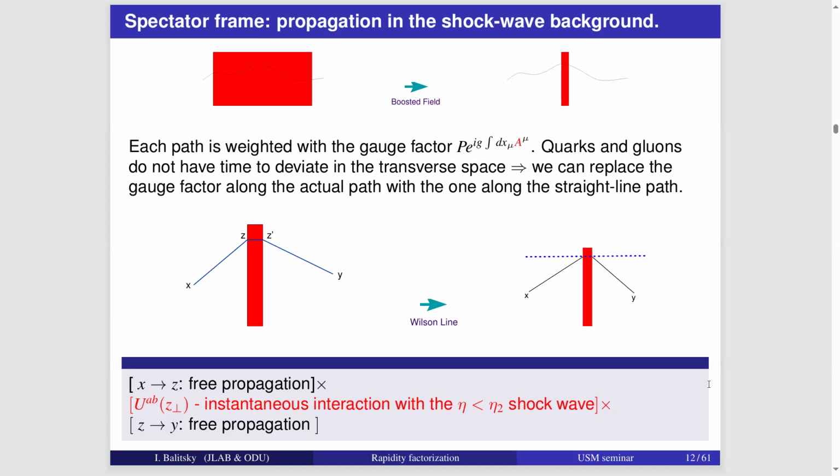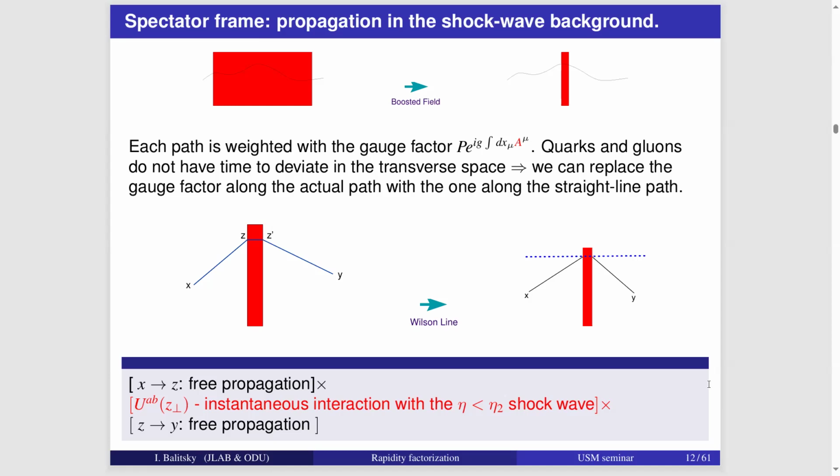Because this interaction is instantaneous in light cone time, it can be replaced by a segment of a straight line. So there is a duality here. In the target frame, you have an infinitely long Wilson line from minus infinity to plus infinity. In the spectator frame, this is instantaneous, but still it's along a straight line. So formally, you can extend the integration here from minus infinity to plus infinity.